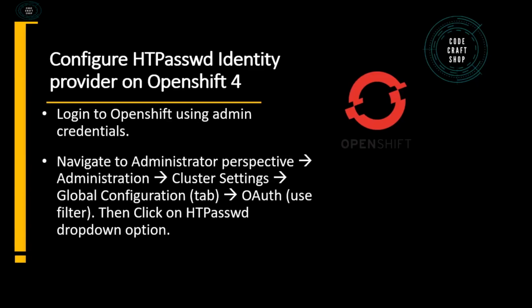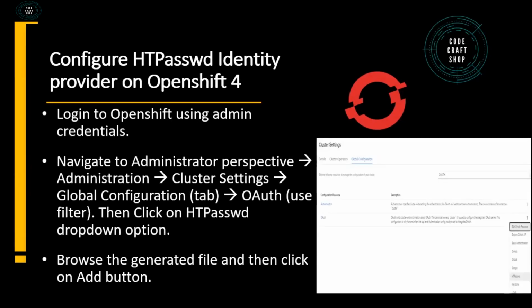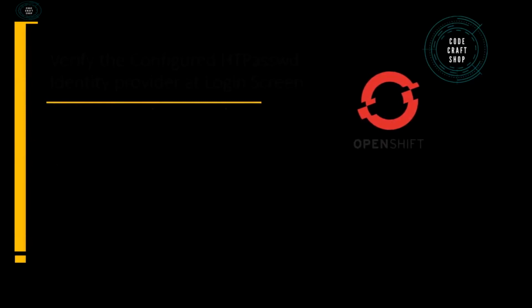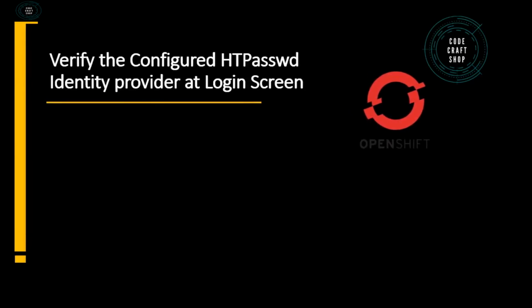Inside that, when we filter, there is an auth option, and when we click on the three dots corresponding to auth, we will find an htpasswd drop-down option. After configuring, we will verify the configured htpasswd identity provider, which is available at the login screen.